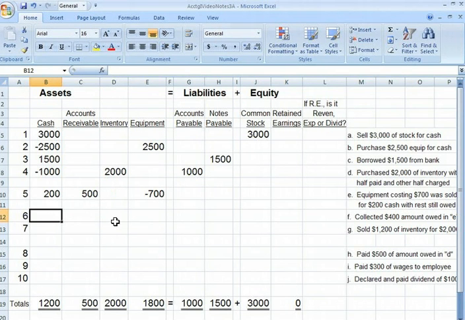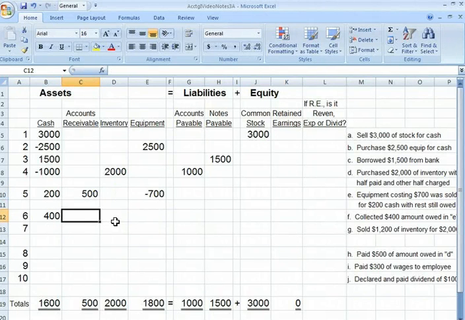Transaction number 6, collected $400 of the amount owed for this $500 owed from the person buying the equipment from me. The $400 check that they sent to me is going to make my cash go up, so I record that in the cash column as a positive number. But they now no longer owe me $500. It's the balance in accounts receivable.